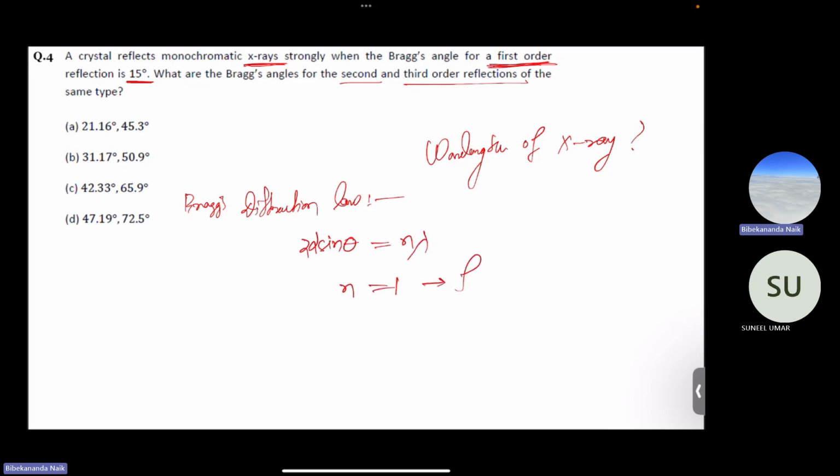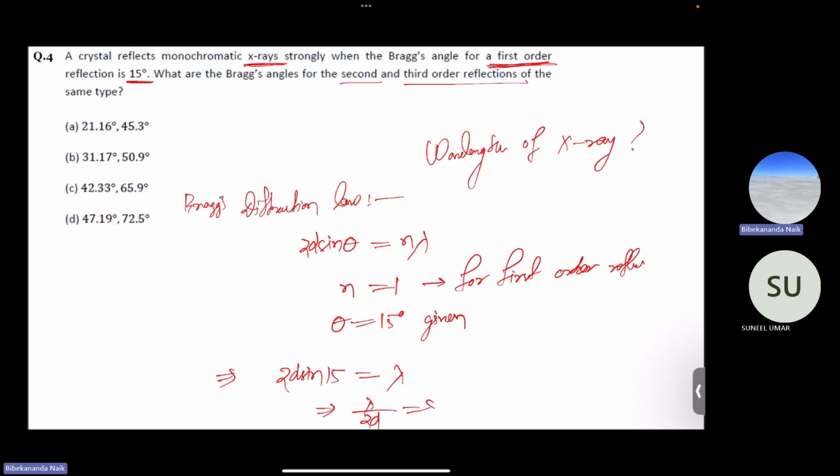So n is equal to 1 for first order reflection, and theta is 15 degrees. Then 2d sine 15 equals lambda, so lambda by 2d equals sine 15 degrees, that is 0.2588. So this is the value of lambda by 2d.